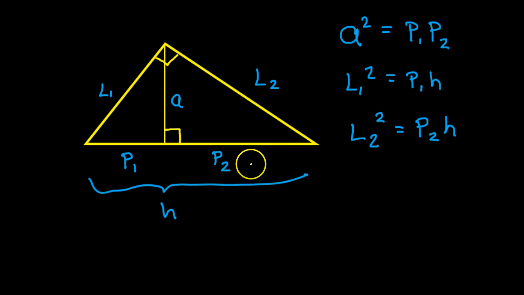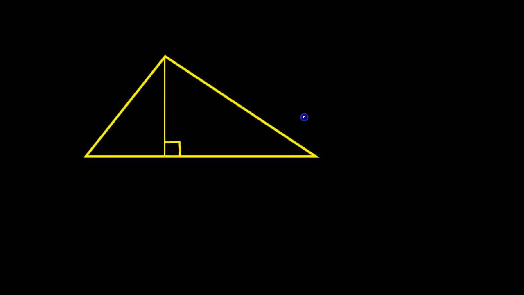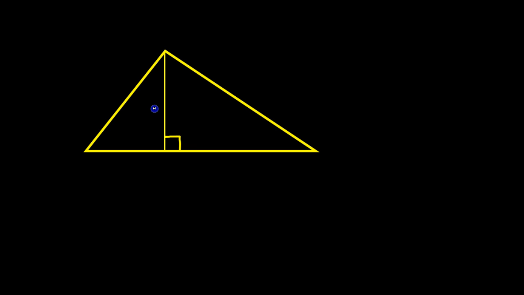Okay, now what do these formulas mean? I hope you wrote them down because I'm going to wind up erasing them. So let's focus on this top formula first, the one that involves the altitude and the two parts. So hopefully you see that this is saying that the altitude squared is equal to part times part. So let's jump down to a different picture for a moment.